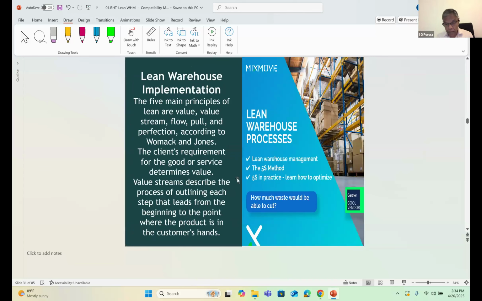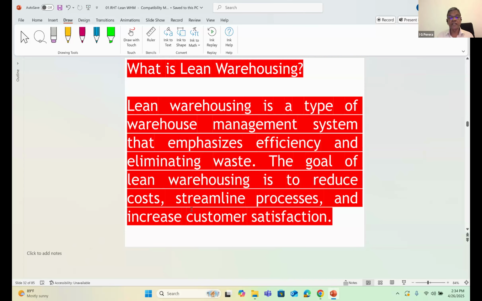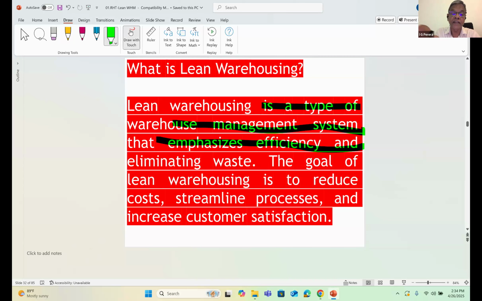To understand lean properly, we need to understand the basic concept of lean. The basic concept of lean is, at the end of the day, you are trying to identify different types of waste occurring and eliminating waste. This is important.